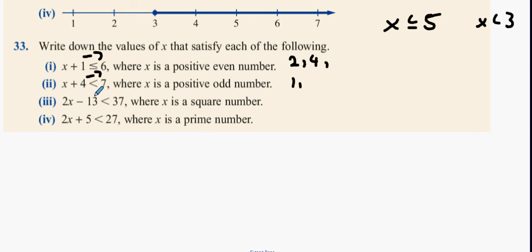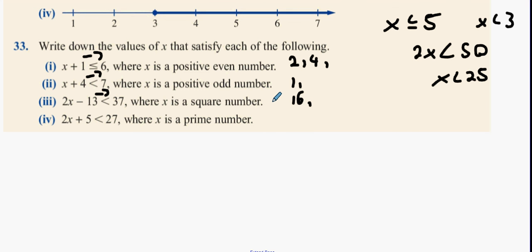Next one. Bring the 13 over the other side and we get 2x less than 50, so x less than 25. Square numbers. What are the square numbers? 16, 9, 4. What? Yeah, 1 by 1? Oh, yeah. Any other ones? 5. Nope.